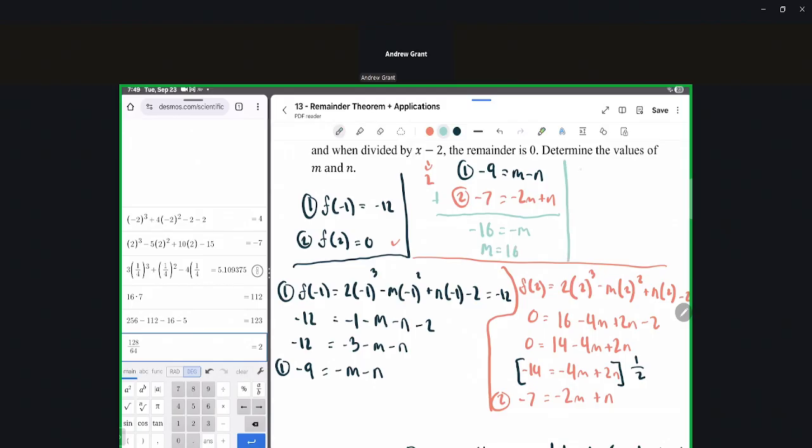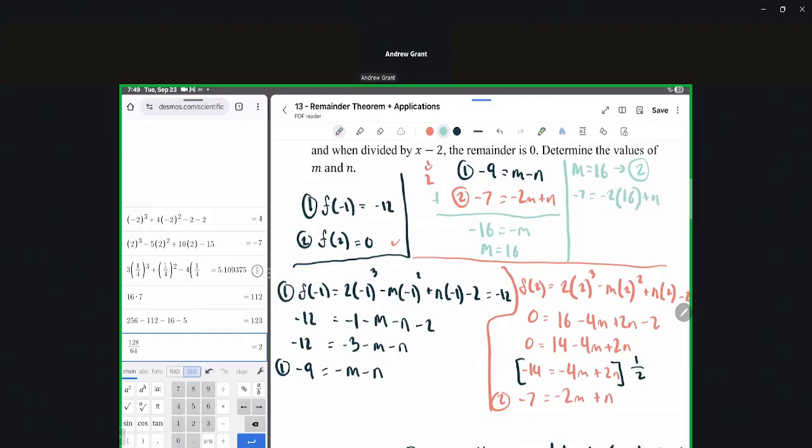And so if I take m equals 16 and insert it into, say, equation 2, I did equation 2 because I got a plus n, so it's going to be a bit easier. Then we could say negative 7 is equal to negative 2 times 16 plus n.